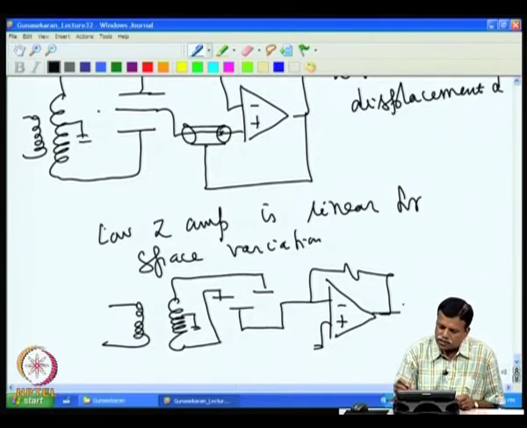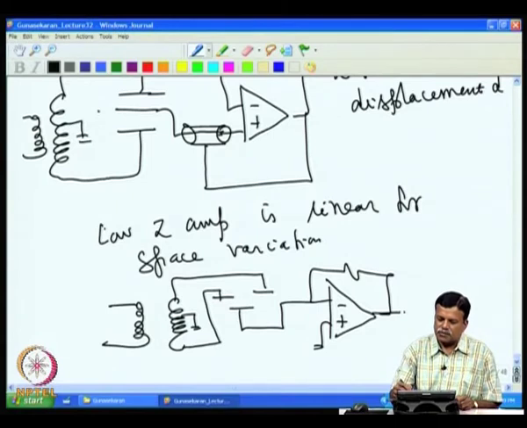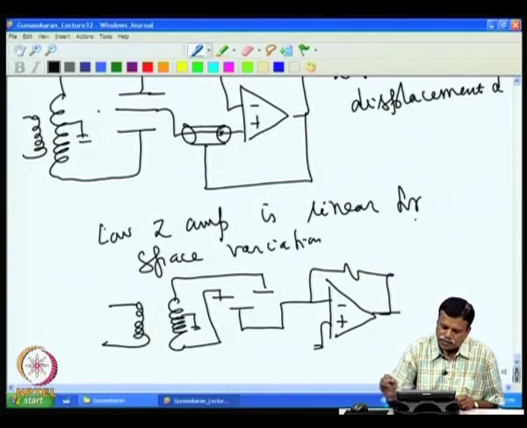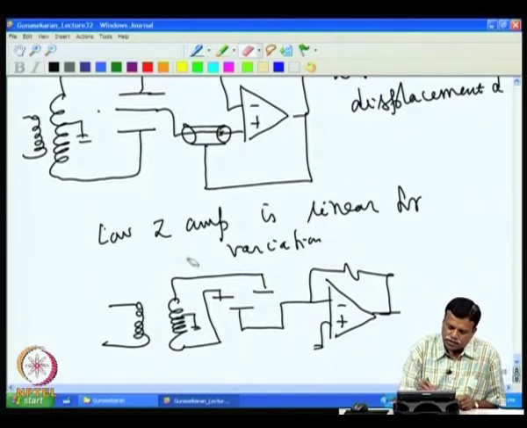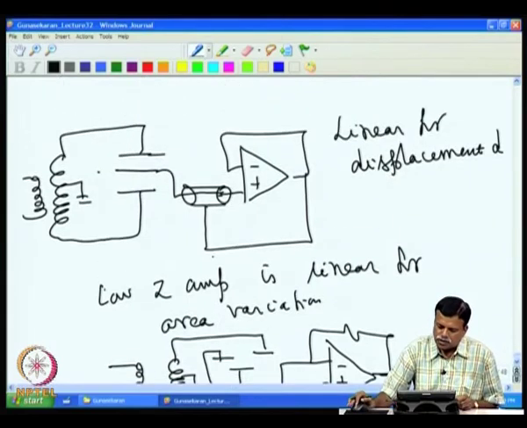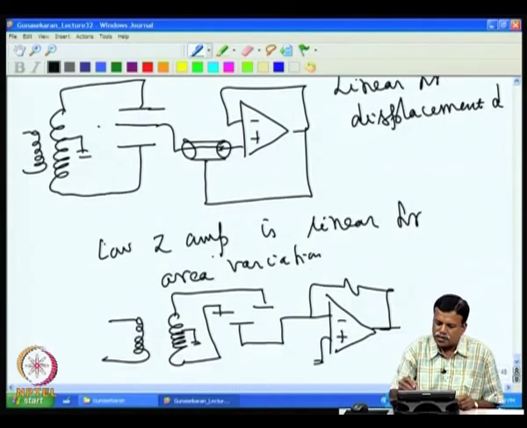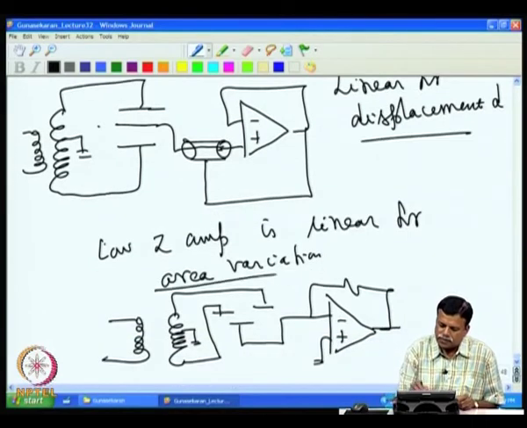So, again this is also linear for space variation, and this is linear for area variation. So, linear for displacement d, and then this is linear for area variation.